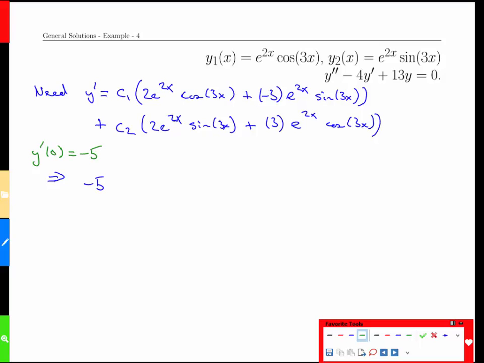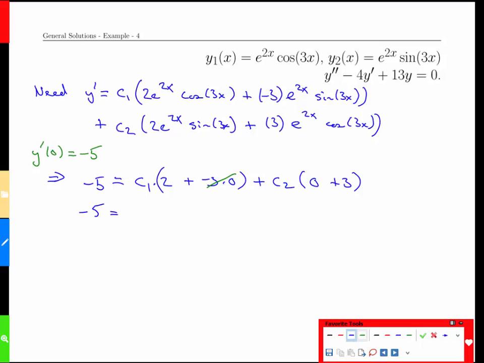Remember, cos of 0 is 1, sine of 0 is 0. We're going to get C1 times 2 times 1 times 1 plus -3 times 0 plus the C2, 2 times that's 0, e to the 0 times cos, that's just 1, so plus 3. So that guy disappears. And we get -5.